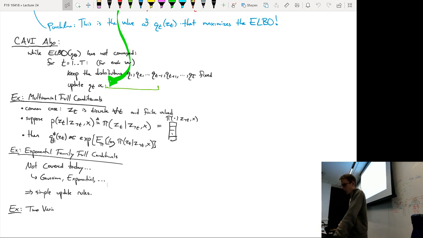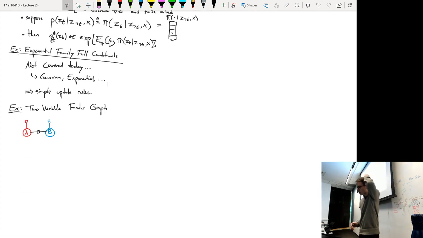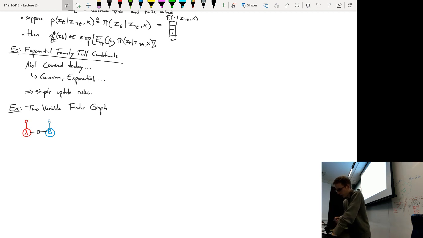We're going to say we have one red variable, call it A, and one blue variable, call it B, and they're connected by a single factor. So we could further say that this true distribution is our P alpha of A and B.